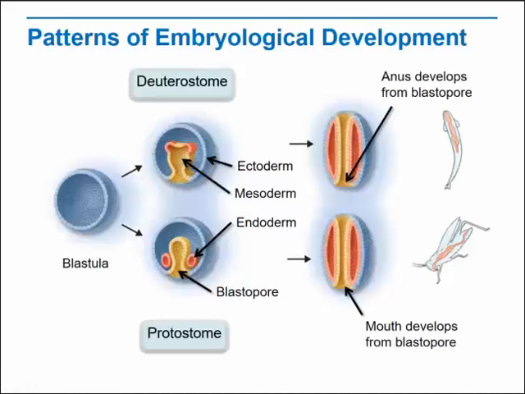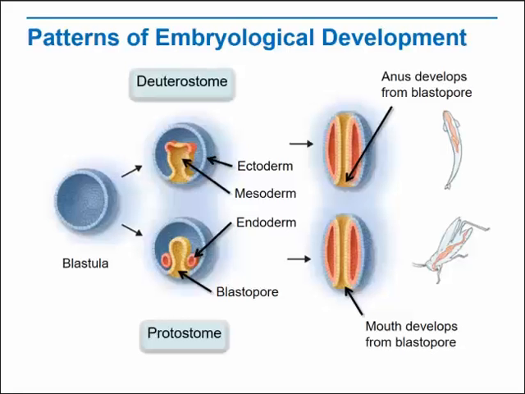At first, this digestive tract has only a single opening to the outside, called a blastopore. An efficient digestive tract, however, needs two openings: a mouth through which food enters and an anus through which wastes leave. In phyla that are protostomes, the blastopore becomes the mouth. In protostomes, including most invertebrates, the anus develops at the opposite end of the tube.